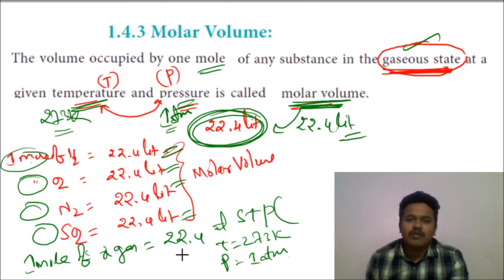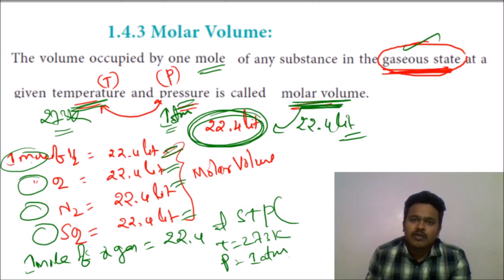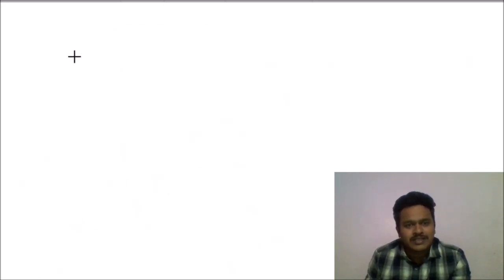So till now, in this video we should get an idea about Avogadro number, Na, 6 into 10 power 23.